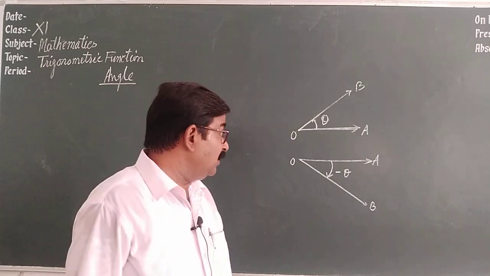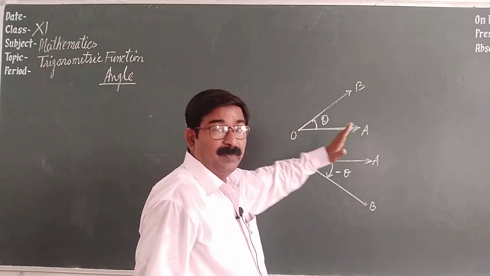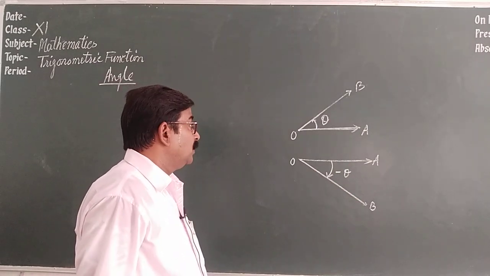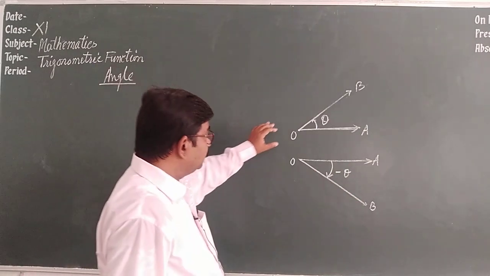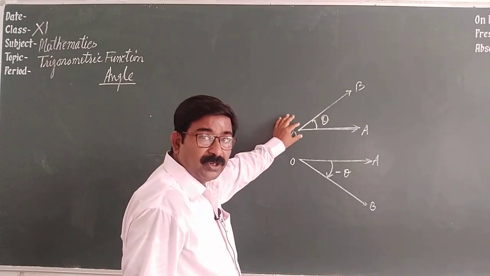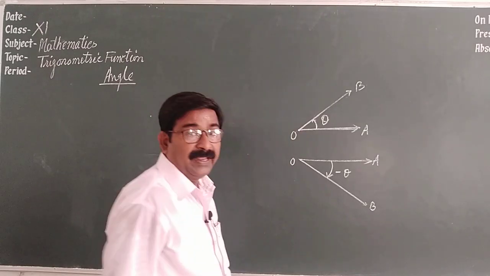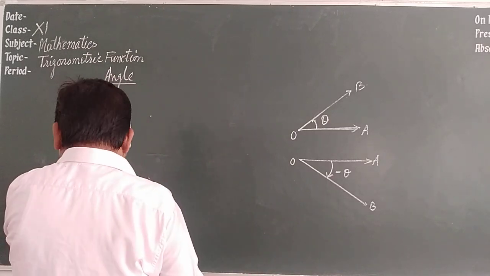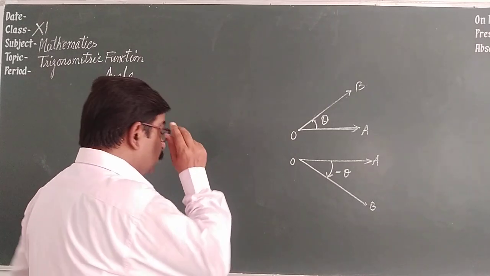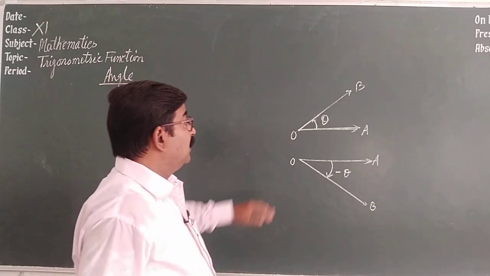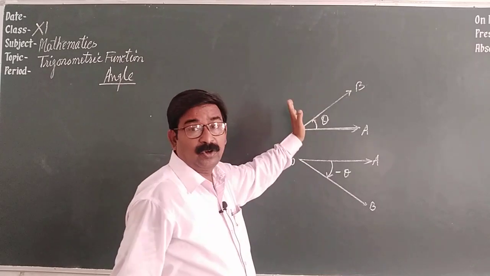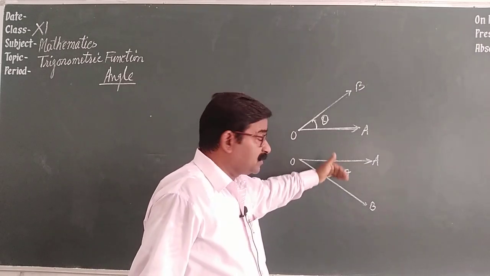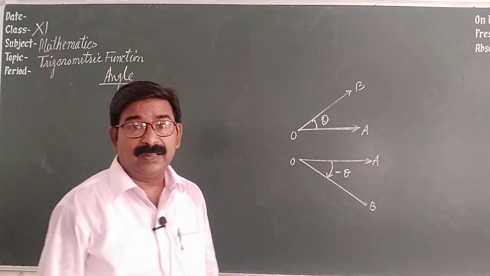So when a ray terminates clockwise or anti-clockwise, the displacement from the original or fixed position is called an angle, or you can say the figure formed is known as an angle. If the ray terminates anti-clockwise, the angle is positive. If the ray terminates clockwise, the angle is negative.